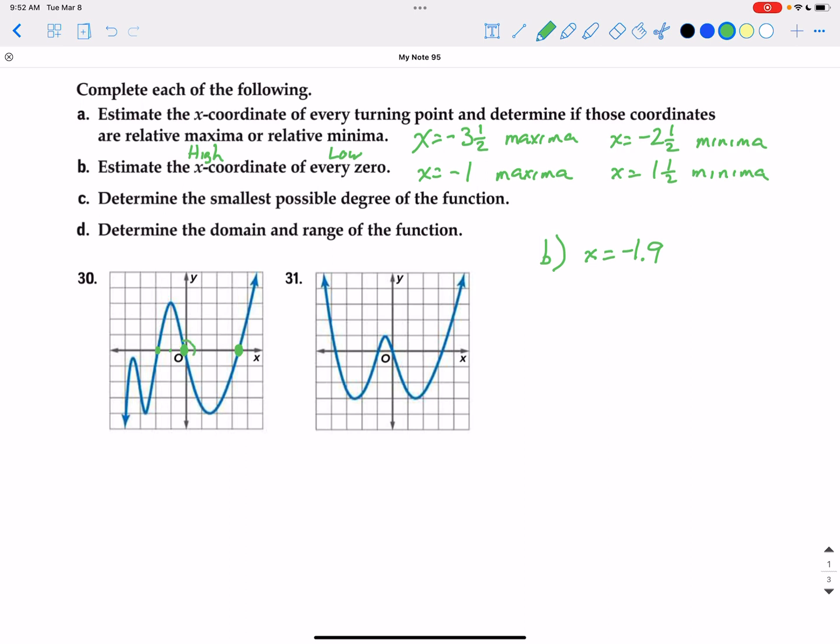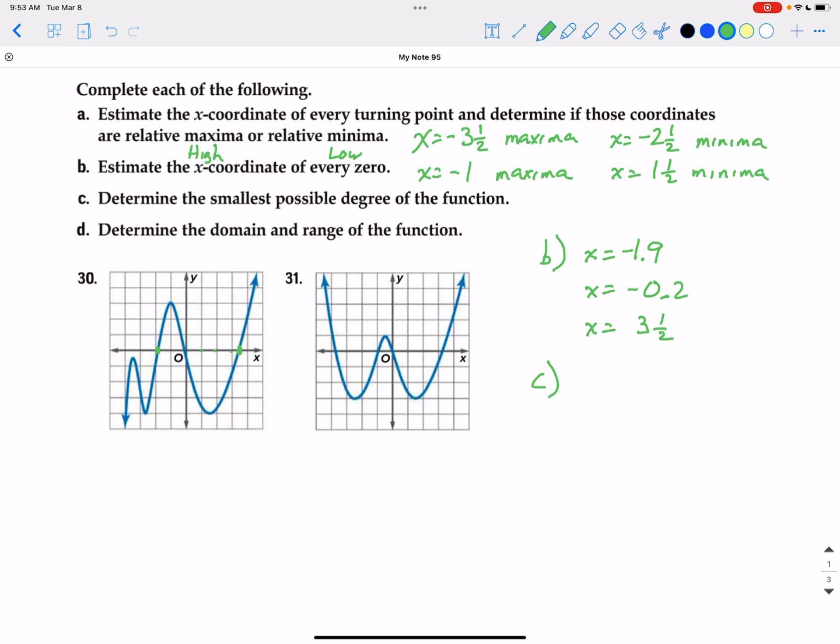And then the next one right here is just to the left of 0, so let's call it x equals negative 0.2. Again, these are estimates. And then the last one right here looks like it is about 1, 2, 3, and we'll call that a half. So x equals 3.5 would be the third of the zeros. And so that's part B.